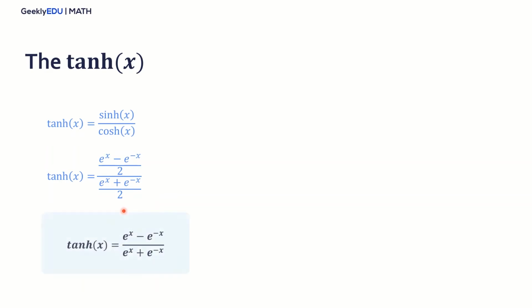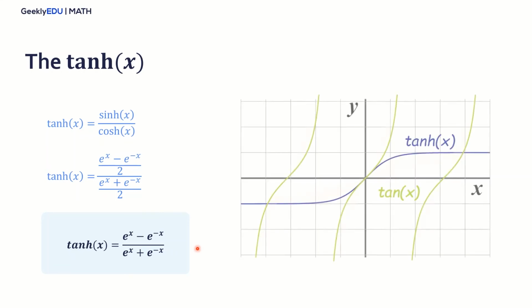Let's simplify this 2 over here, and we have that the hyperbolic tangent of x is e to the x minus e to the negative x over e to the x plus e to the negative x. If we plot this graph, we have the blue line, the hyperbolic tangent of x. And if you compare to the tangent of x, that's the green line here, see that the graph is kind of flipped, right? But we have different values. Totally different.